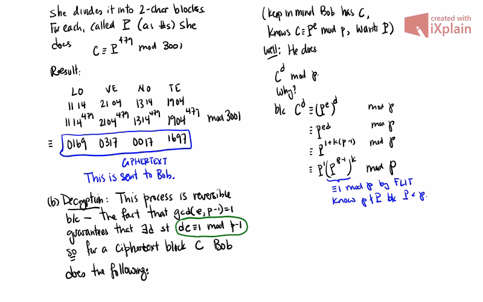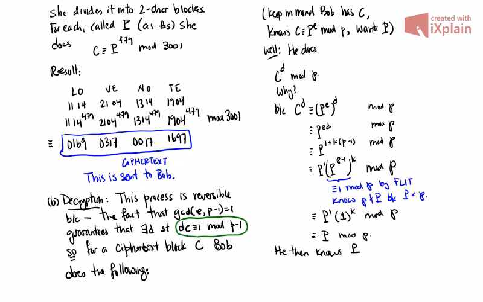So Fermat's little theorem says this just reduces to big P to the 1 to the K mod P, and this is just P. So that allows him to get the result back. He then knows P.